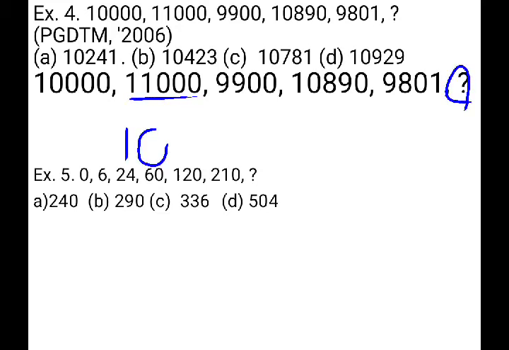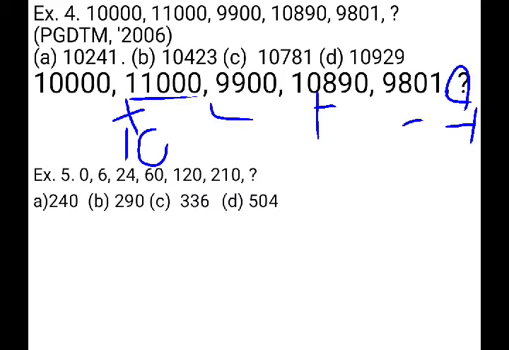Here 10,000 plus 10% of 10,000 will be 11,000. Now 11,000 minus 10% of 11,000 will be 9,900. So it is plus 10%, minus 10%, plus 10%, minus 10%, and now here it will be plus.